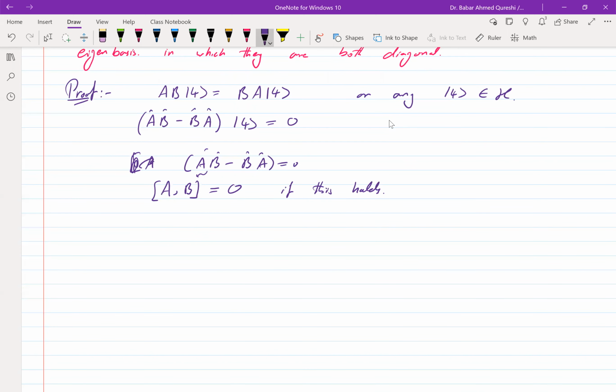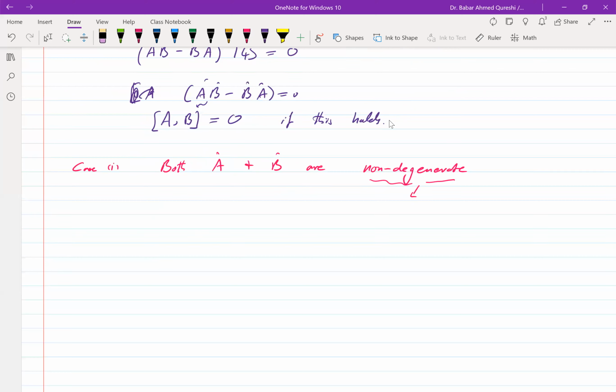So let's continue with the proof. Let me first prove the much easier case: both A and B are non-degenerate. What does this term mean?